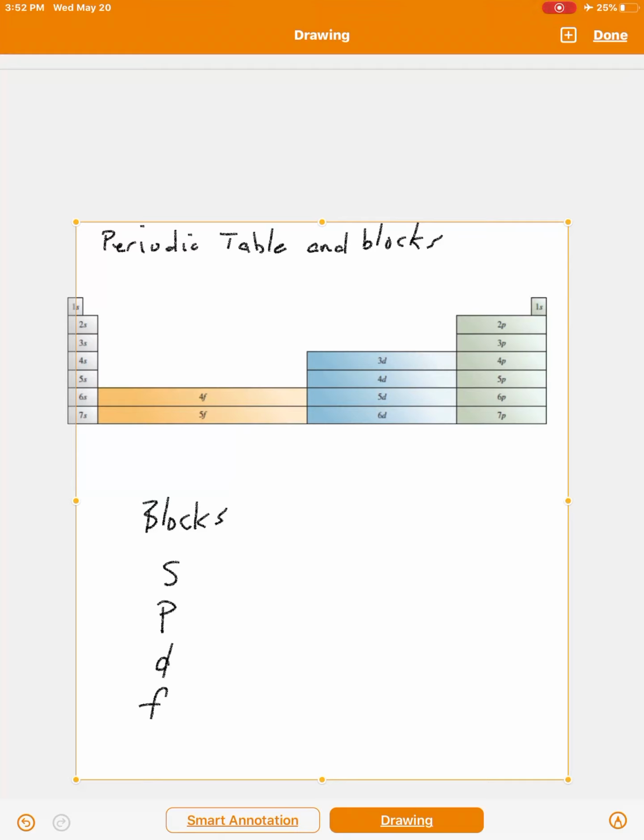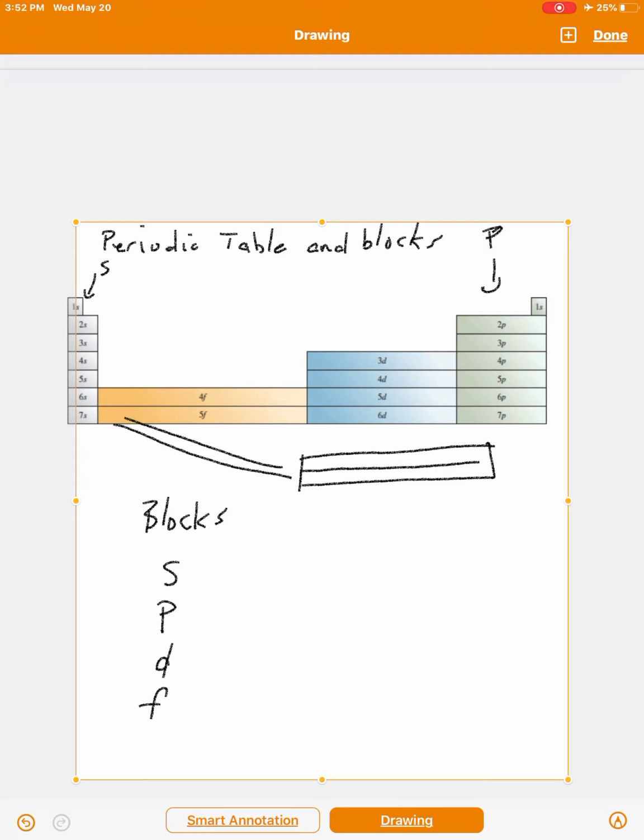So these are the elements in the periodic table in which their outermost electrons are in those particular subshells. So all the way over at the left, we would call this the S block. All the way over to the right, we call that the P block. The F block is usually shown separately, like this. It's just sort of broken out as 2 rows, okay? But in this particular picture, they're showing it in the same.